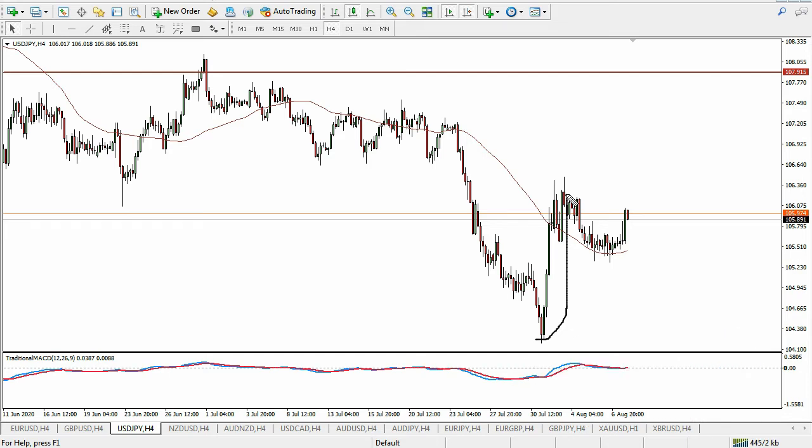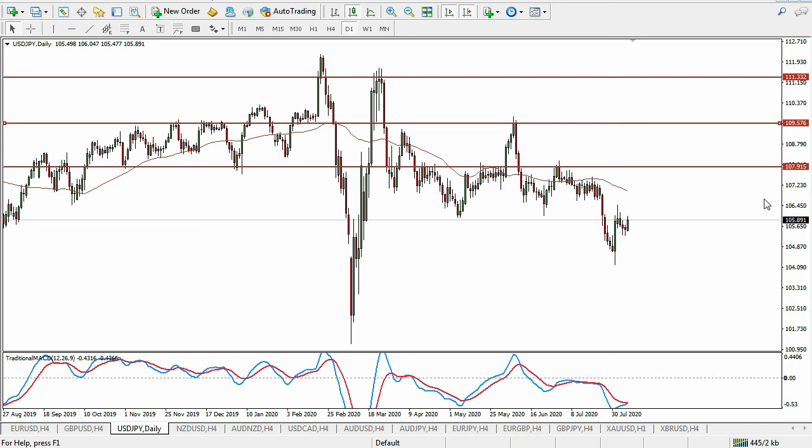I also mentioned last week that we might see some corrective structure over here before going upward. So all my view about the USD Yen is still an upside move, and today I'm going to share my targets with you. So let's jump to the daily time frame.